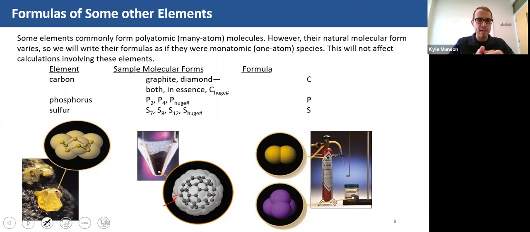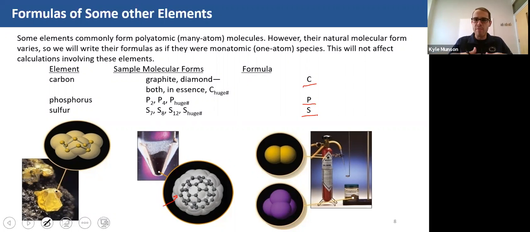Same idea with things like phosphorus and sulfur. They're found in many different forms in nature. So we're just going to represent their formulas like we have already. Carbon is just going to be C with no subscript. It's just its elemental symbol. Same with phosphorus, same with sulfur.